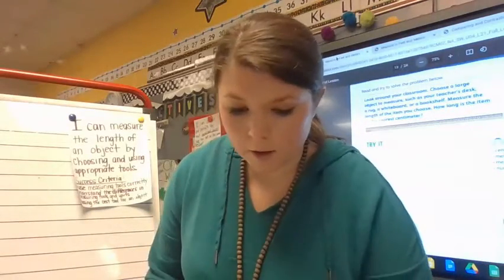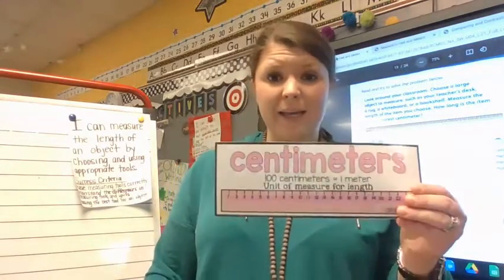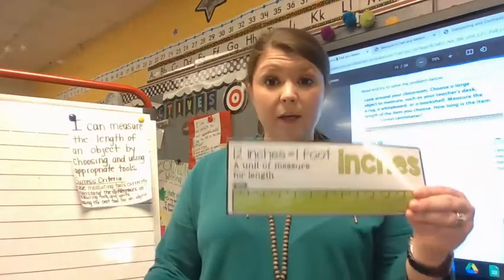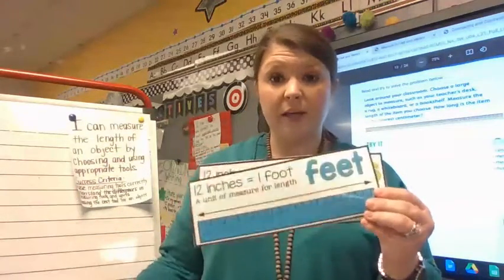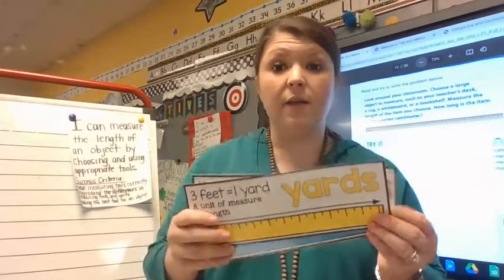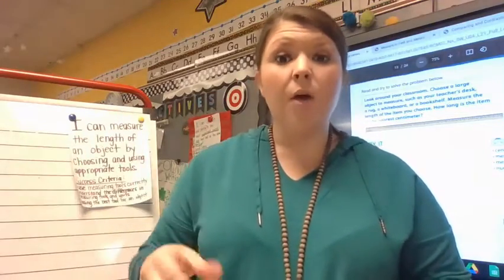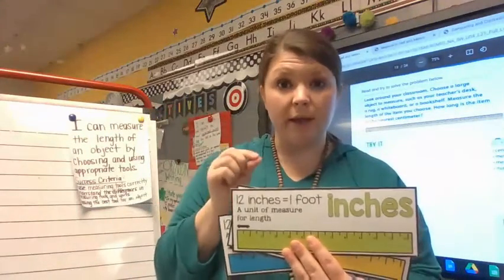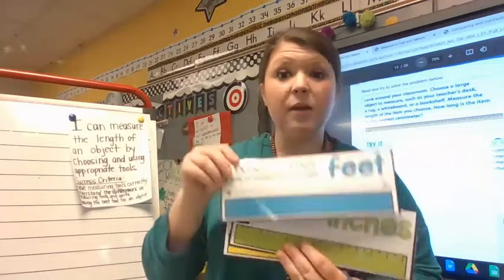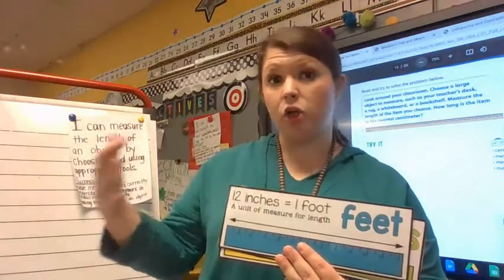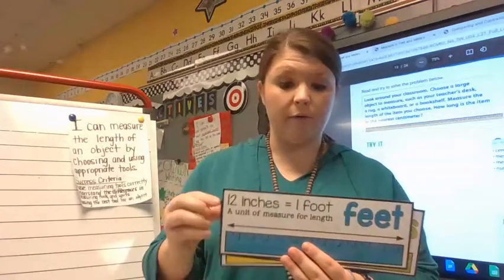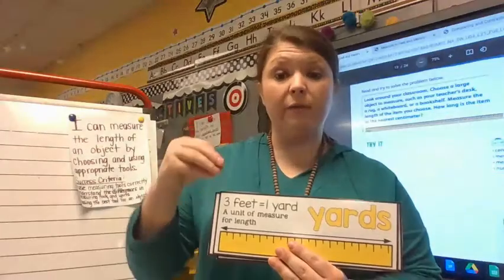So when we look at inches, feet, and yards, the inch is the smallest unit. And then we have feet, which is larger, right? 12 inches equals 1 foot. And then we have yards.